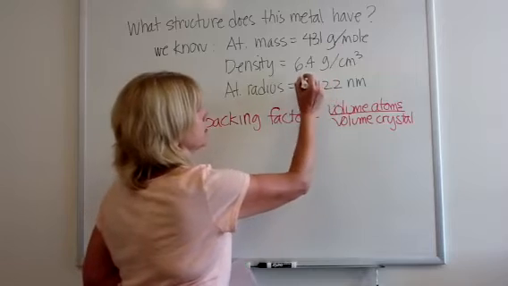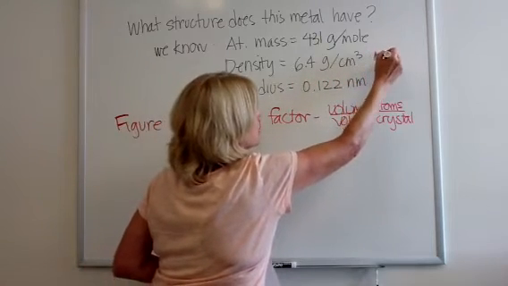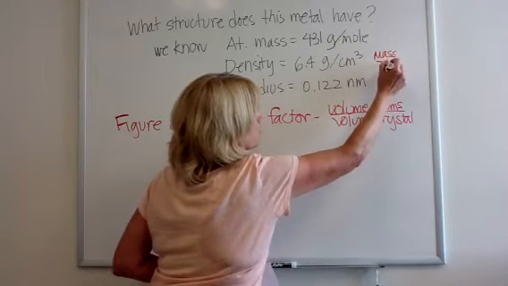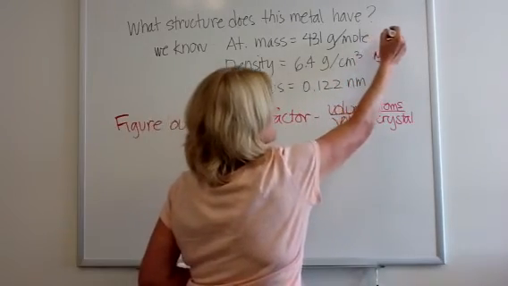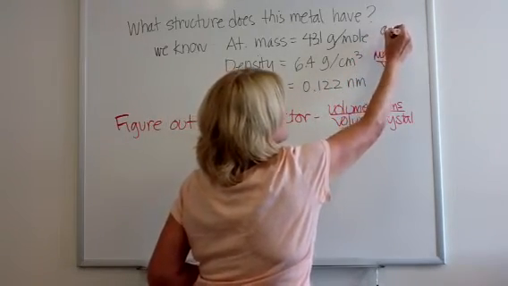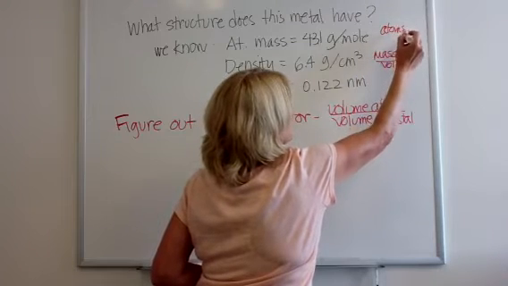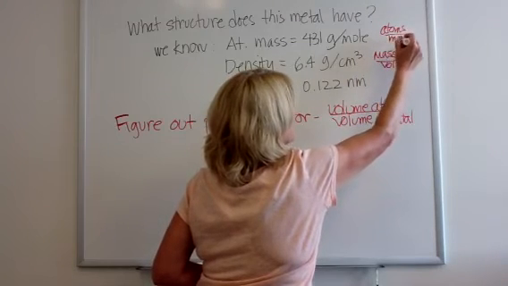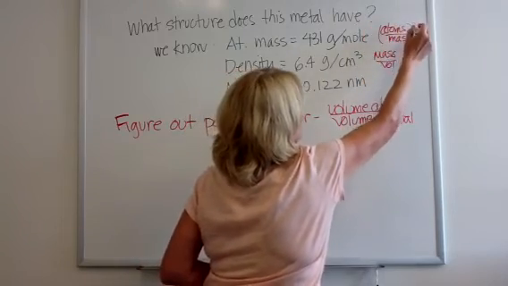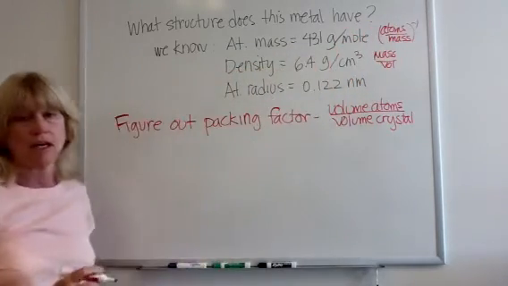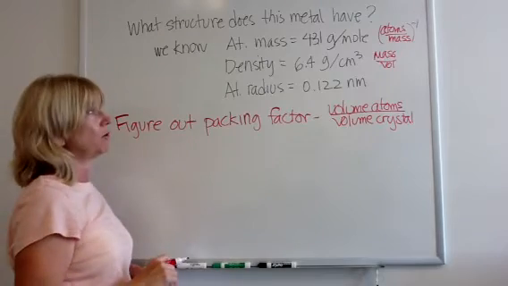This density gives us the mass per volume for the crystal. We know that this is going to give us the number of atoms per mass, and actually this is mass per atom, because we know that there's Avogadro's number of atoms in a mole.